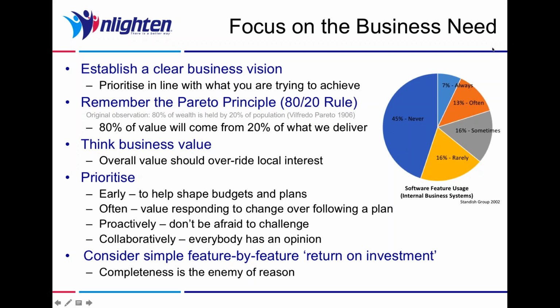One of the things that I found very powerful in terms of deciding and facilitating the process by which requirements are prioritized is to consider a very simple feature by feature return on investment. Like I say, this isn't about being detailed so that we're going to end up with £3,247 worth of benefit associated with a particular feature.